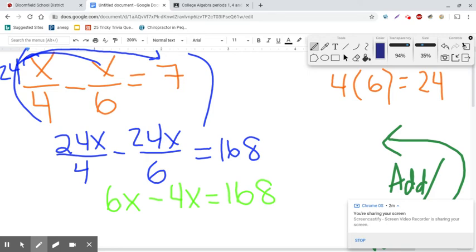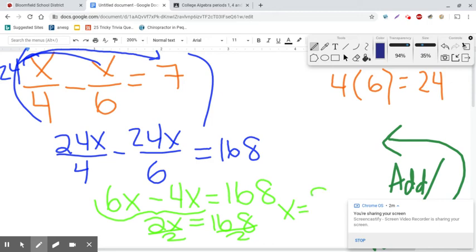We are going to combine our like terms because 6x and 4x are like terms. So 6 minus 4 gives us 2x equals 168. If you remember, the last thing we need to do is just divide by 2. So x is going to equal 168 divided by 2, which is 84.